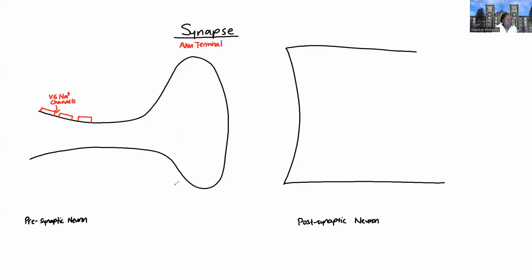On the axon terminal, we have a different type of channel. Here we have voltage-gated calcium channels.